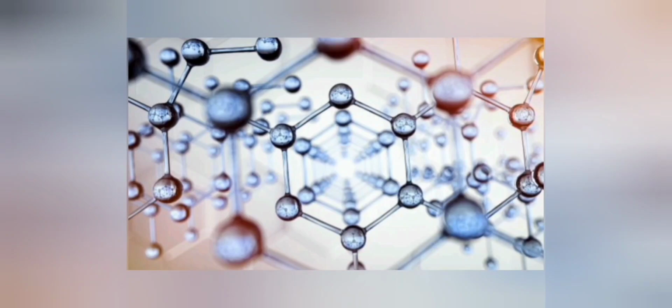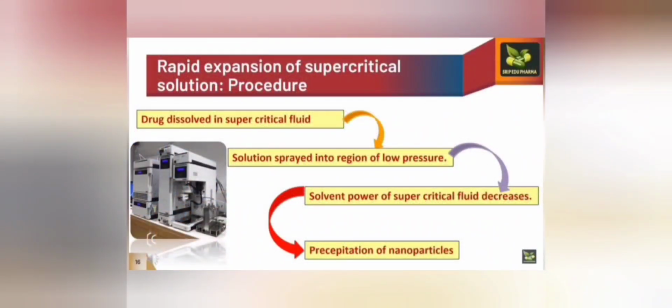Then the solvent power of the supercritical fluid decreases and we get a precipitation of nanoparticles. So this is the method by which we can make nanoparticles through the first supercritical technique, that is rapid expansion of supercritical solution.